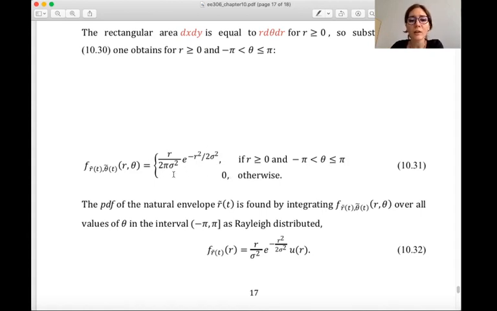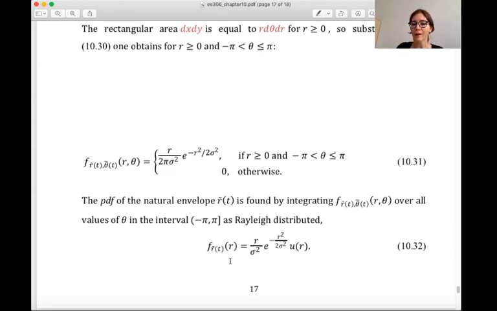But nothing in this expression depends on theta, right? So basically, the integral would be the same as taking this and multiplying it with 2 pi, which is the interval from minus pi to pi, canceling this 2 pi factor. So what you get is r over sigma squared and the rest of the terms, under the extra condition that r can't be negative, so u of r. So this is the distribution of r.